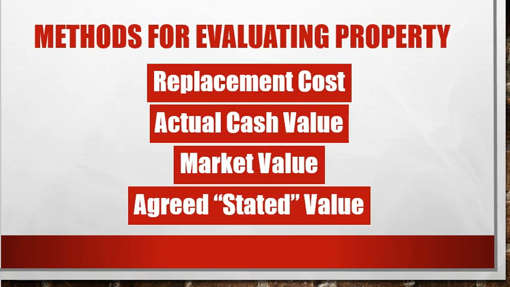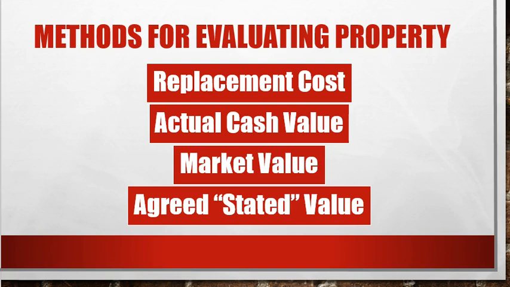So we all know that we get insurance to protect our assets so that if something happens to our assets, our investments are restored. So the different methods for evaluating property would be replacement cost value, which is the one that we're really going to be going over right now.